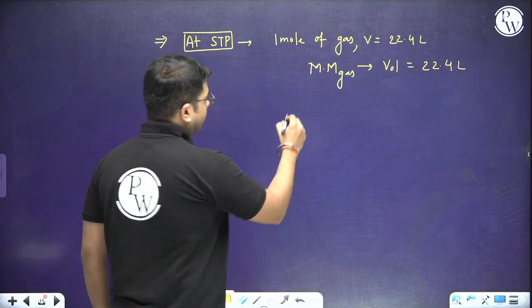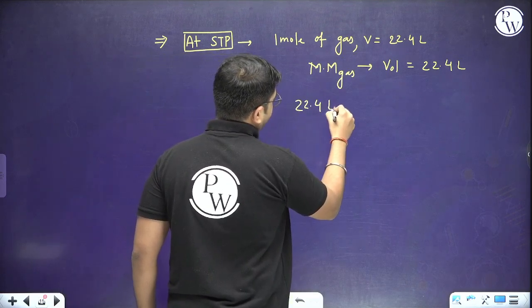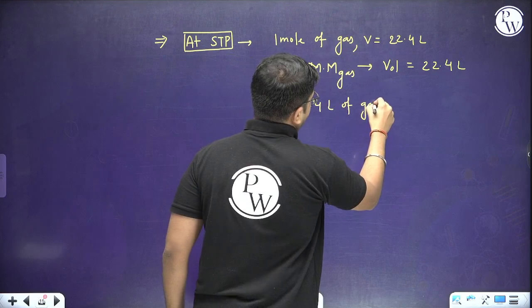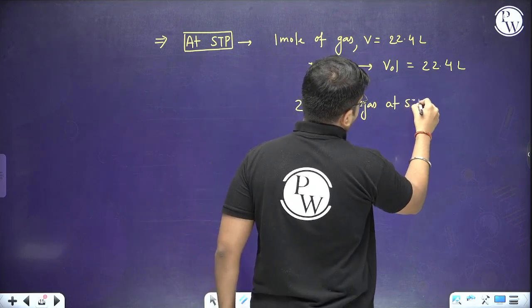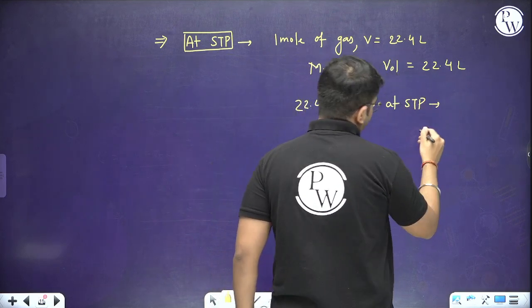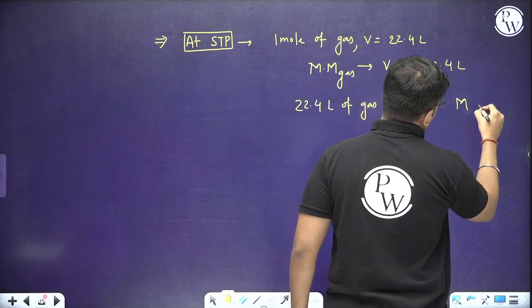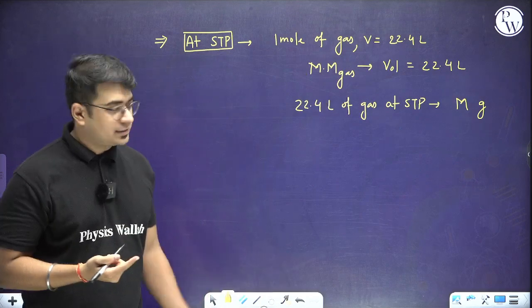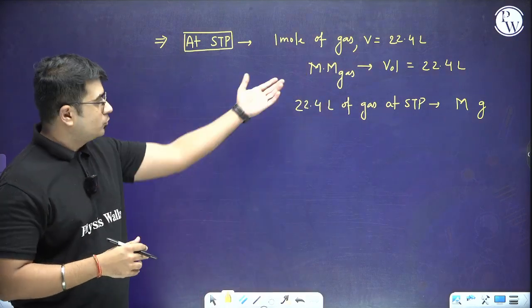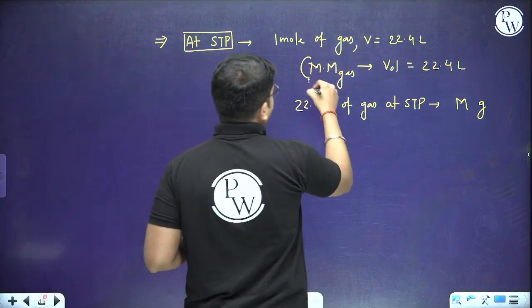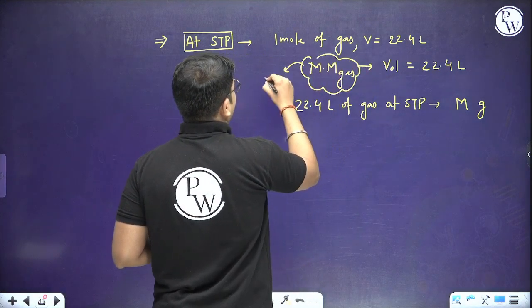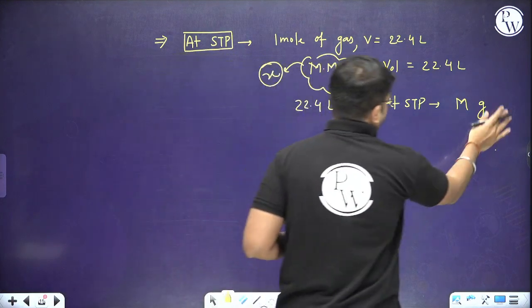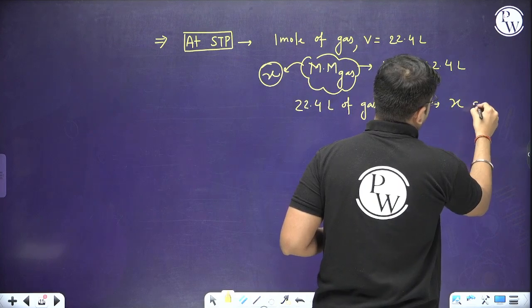So we know that 22.4 liters of gas at STP weighs m grams. Let's say the molar mass of the gas is m. Or you can take this entire part as x. Consider this part as x. So you can say this will be equal to x grams.